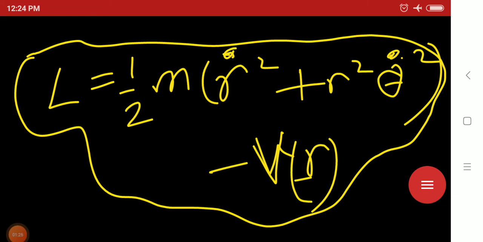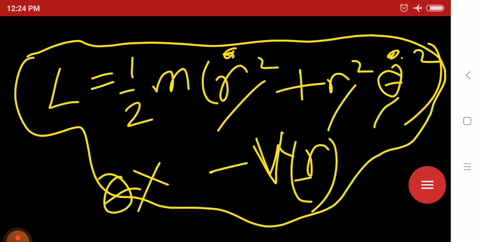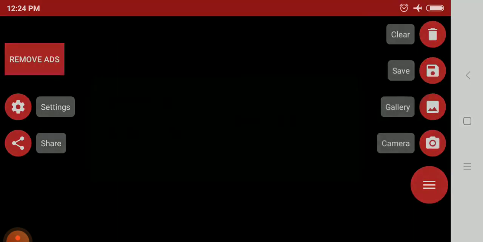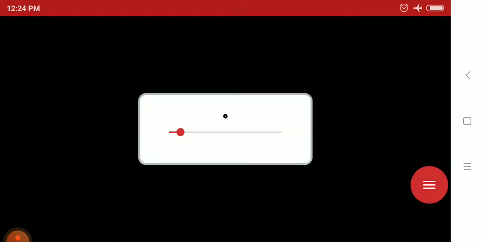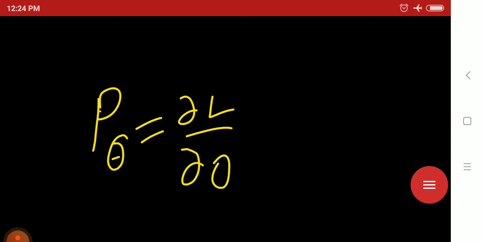From the Lagrangian we can see that r dot is present, r is present, theta dot is present, but theta is absent. So we can call theta a cyclic coordinate. Theta is a cyclic coordinate, so the corresponding generalized momentum p theta equals del L by del theta dot, from where we get m r square theta dot.